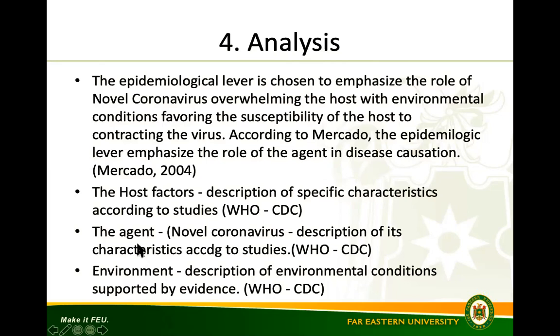Also with the agent and the environment, when we justify those characteristics contributing to disease development, we back it up with literatures, with studies, with justification or with reference to reliable sources. So in this case, I think we can make use of sources from WHO and the Centers for Disease Control.